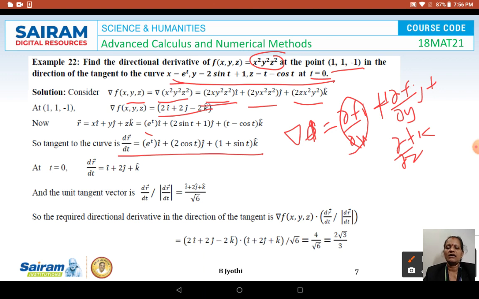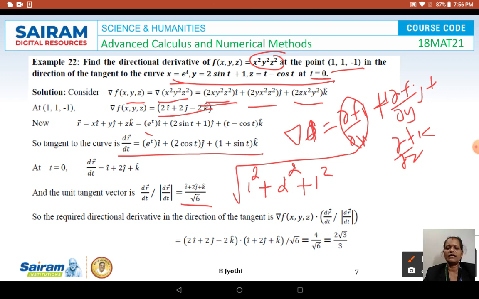That gives us i + 2j + k divided by the square root of 1² + 2² + 1². 1 square is 1, 2 square is 4, 1 square is 1, so it is 1 + 4 + 1, which gives us root 6.